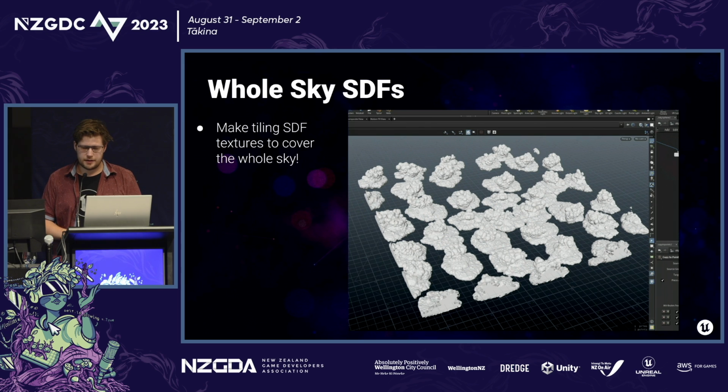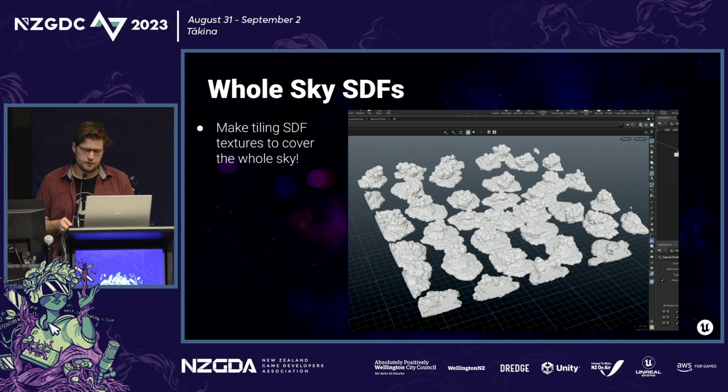So then we can create these vast tiling textures in SDF space, where it would be quite high cost to create density textures because your resolution is basically being spent encoding all that detail into a density texture.